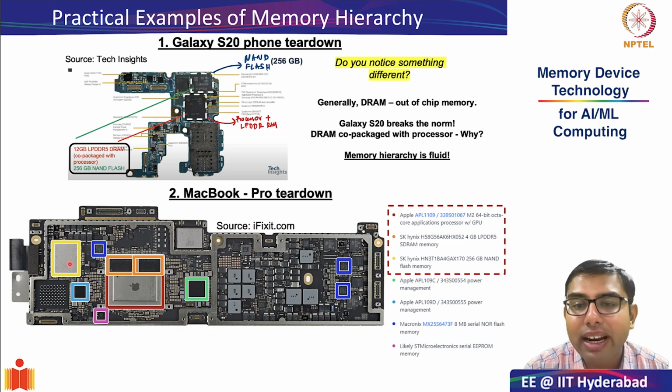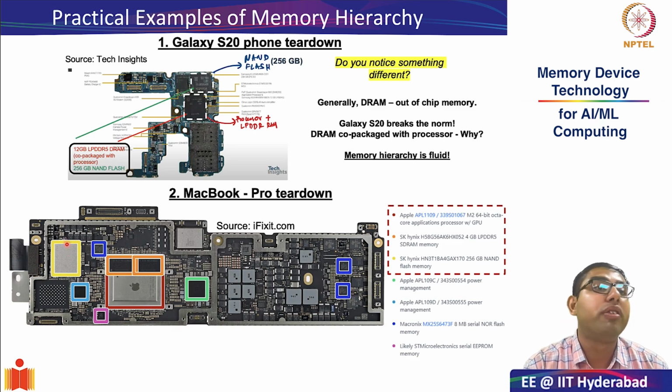What is the size of the NAND flash? It is 256 GB. Here, please pause, take a moment and think that there is a very important observation you can make based on whatever we have studied till now.